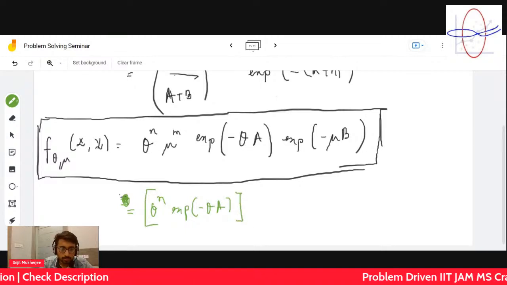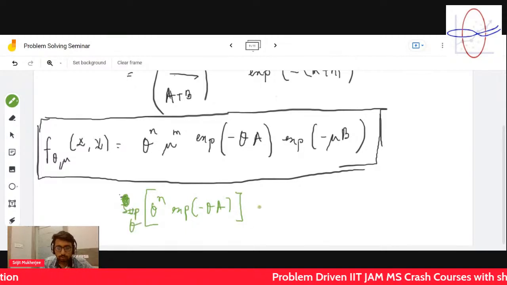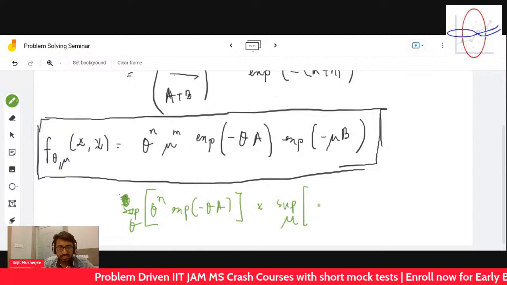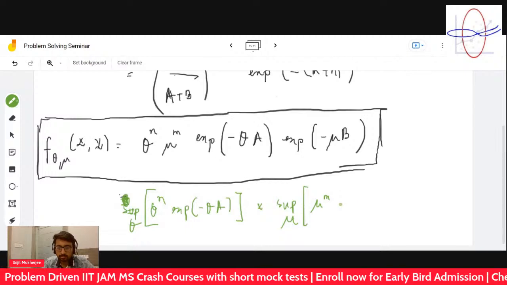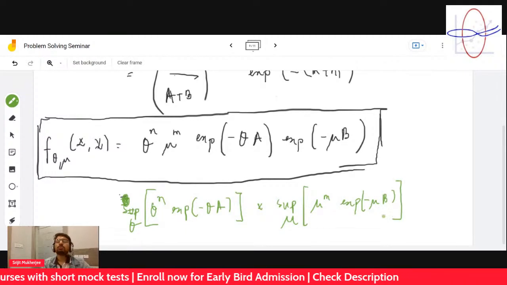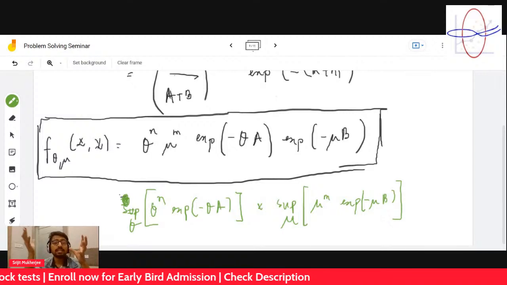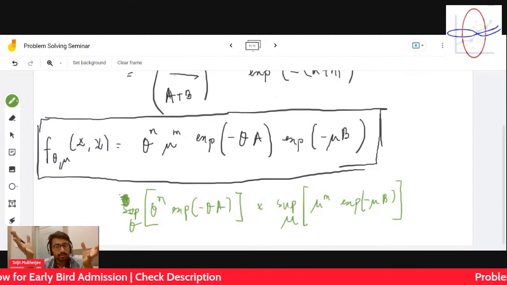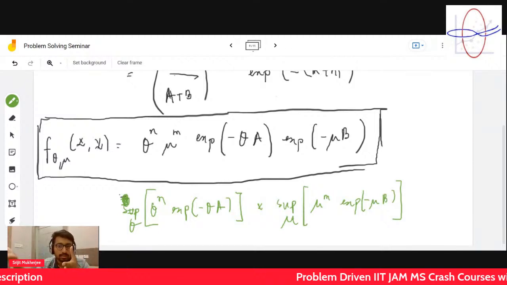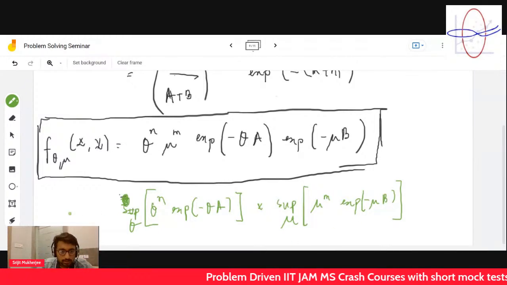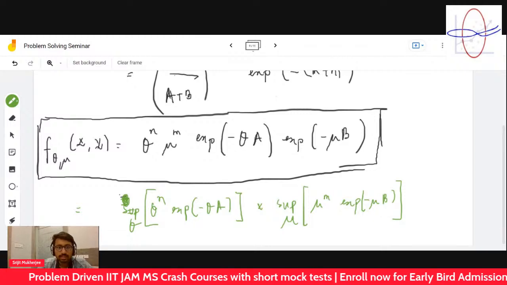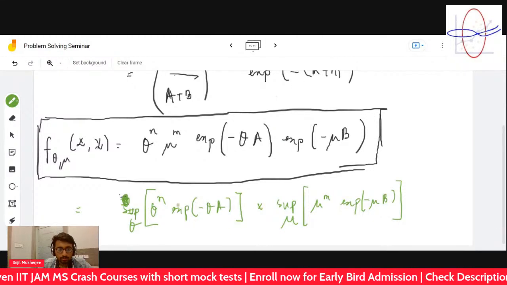It's the supremum over this times the supremum over this, because they are two different independent things, IID. So maximizing the likelihood of x and y, if the xi's and yi's are independent, is the same as maximizing the likelihood of x times maximizing the likelihood of y. Did you understand this idea, guys? So therefore we are maximizing over this.